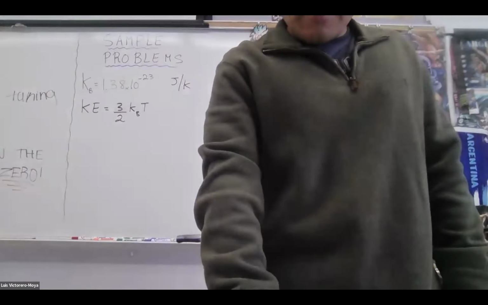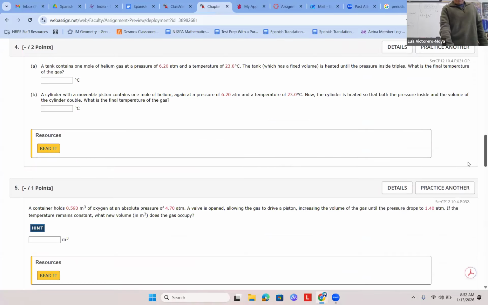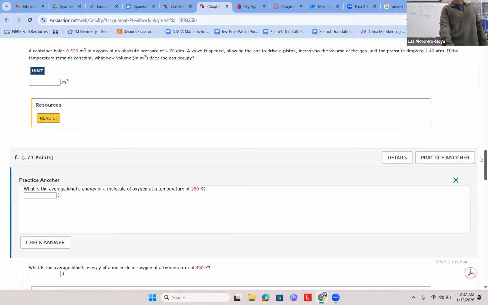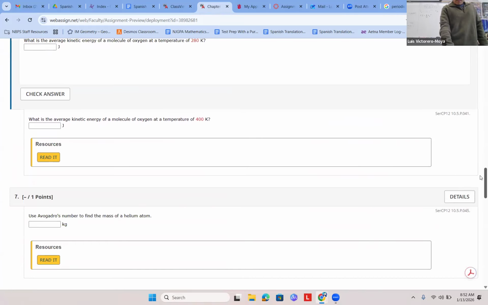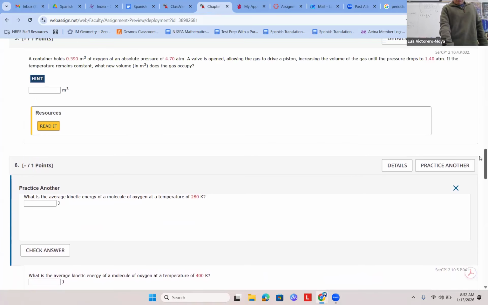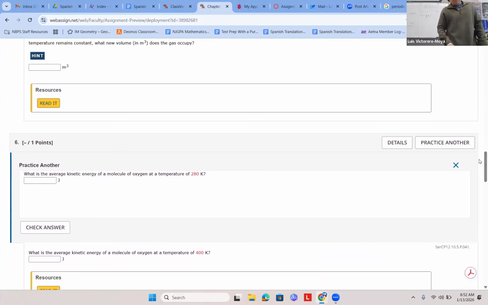I want to check it so you can see it. What's the average kinetic energy of an oxygen molecule at 280 kelvins?